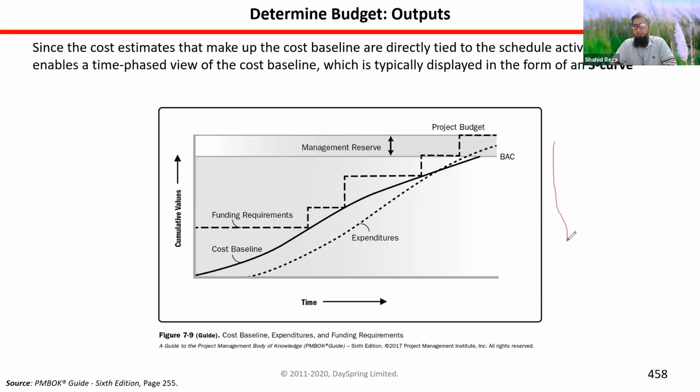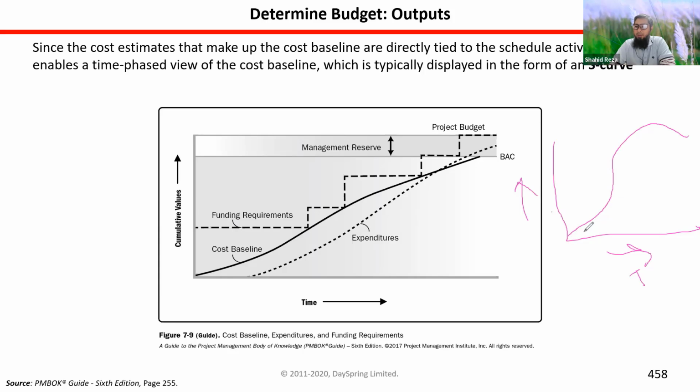So this is time, and this is cumulative cost. Generally, if you put the project's cumulative cost against time in this graph, you will always find this type of figure.